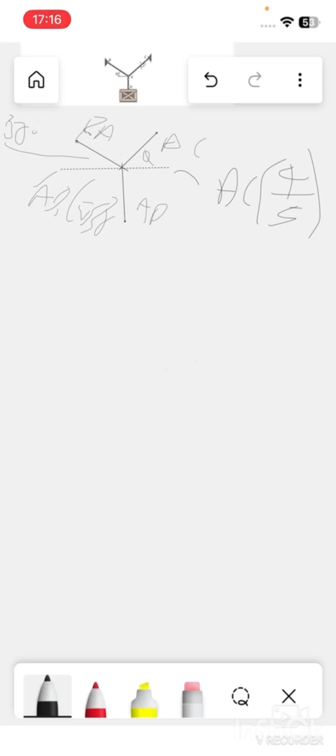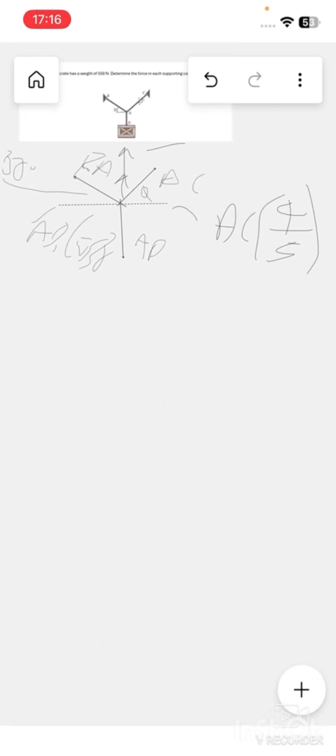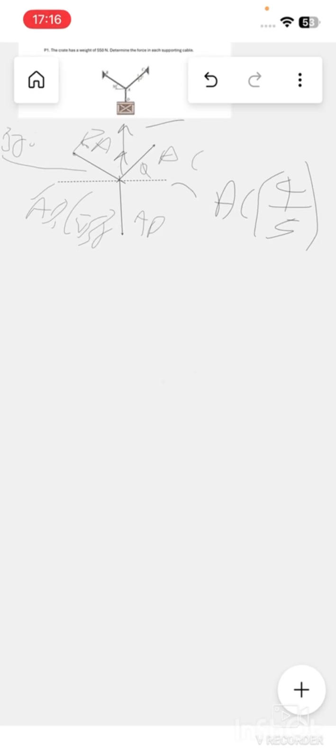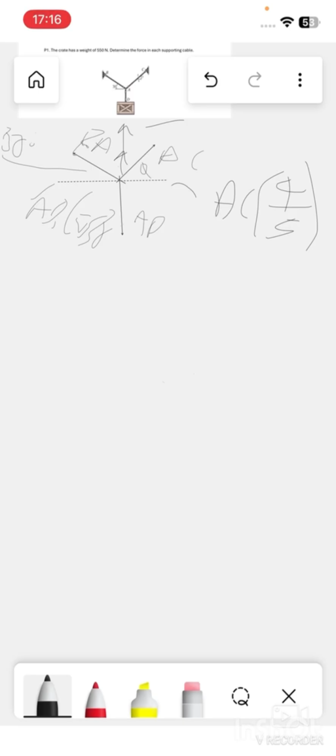We also have another component here. There are two components. The first one is here, the second one is here. The big one is called AB sine 30.